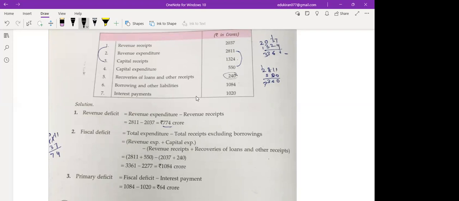Over here, they have mentioned this is excluding borrowing. So recovery of loans and other receipts, you are already recovering everything. Borrowing means you have taken a loan, but you are recovering that. That's why you are taking this recovery of loans and other receipts. Clear? Yes, ma'am.